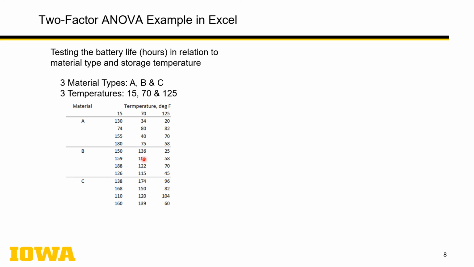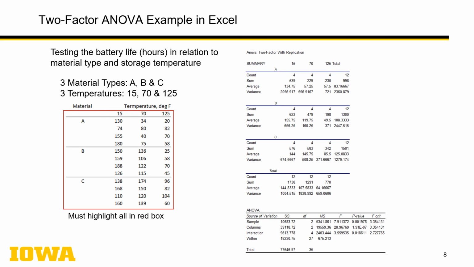for the others. Okay, so it has to be packaged this way in Excel, and then this part of the spreadsheet has to be highlighted when utilizing the two-way ANOVA function. And when you do that, it looks like this. So first of all, you can see that you are going to choose the ANOVA two-factor with replication process.